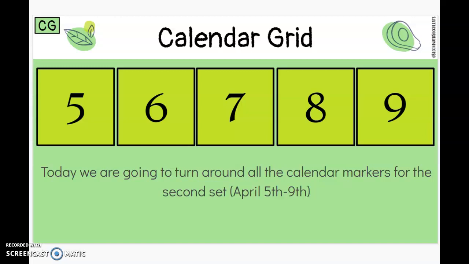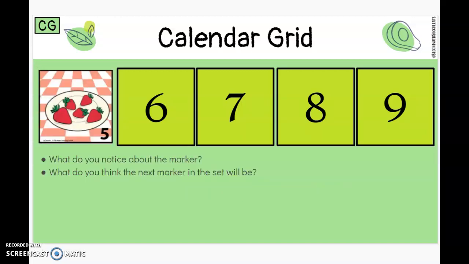Let's have a look at the calendar marker for April 5th. You may have seen these markers already. Take a moment to think about what you notice about this calendar marker. What do you see? If you're still thinking, you can pause the video. A few things you may have noticed is that we have some fruit on a plate.